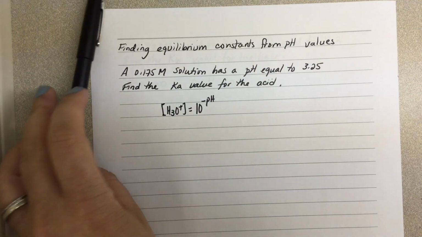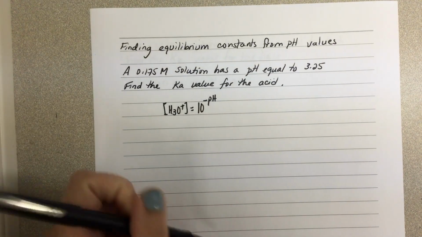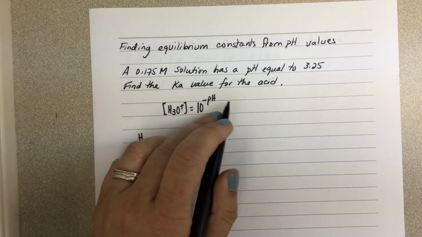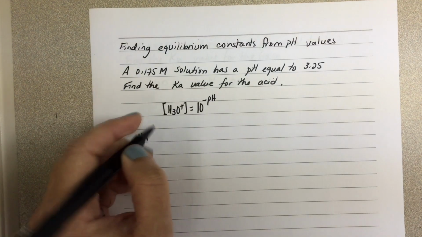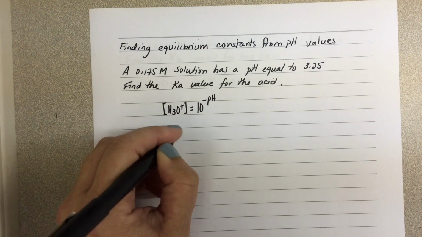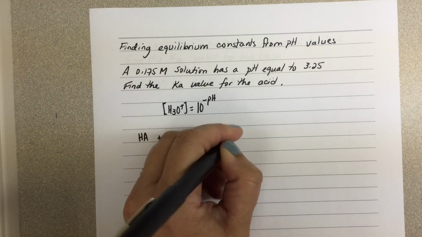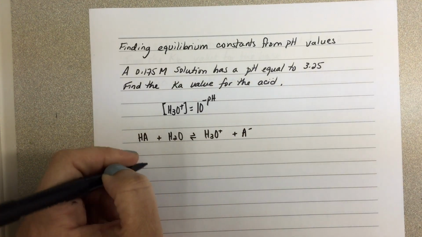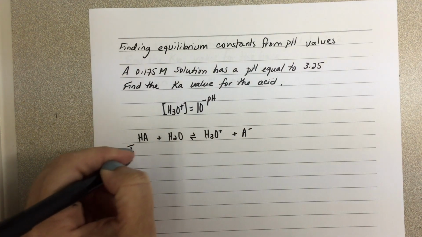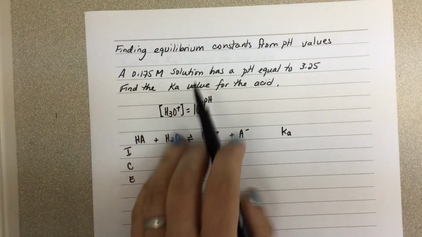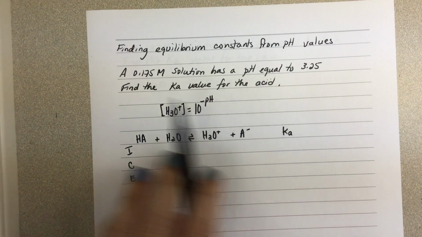So that's a lot of information here. So I'm going to put here a generic equation because we don't have a specific acid. This is just a solution. And remember that you're trying to find out your Ka value.